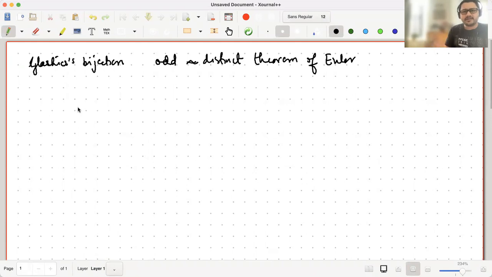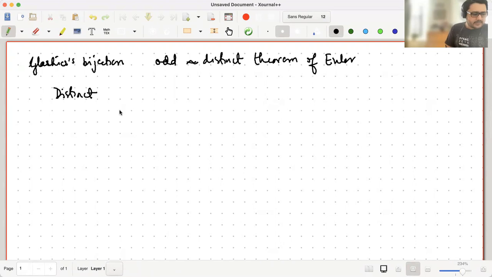If the odd parts are distinct, then we don't need to really do anything. Sorry, I'm going to show the other direction where any distinct part is concerned. If a distinct part is odd, then I don't need to do anything, I just keep it as it is.